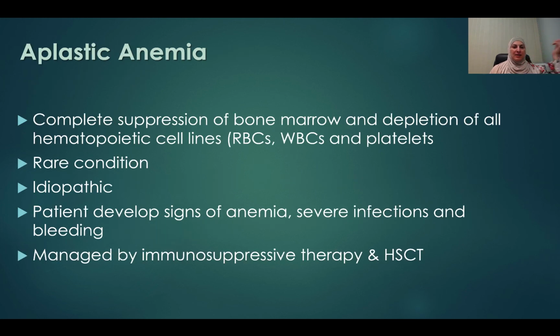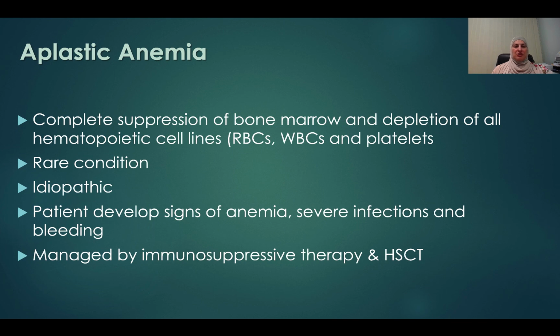The last type of anemia is aplastic anemia, and this is a very rare condition. The cause of it is not known, and what happens is a complete failure of the bone marrow. It stops producing any type of cells, no RBCs, no platelets, no white blood cells, and therefore the patient is susceptible to infections, to bleeding, and anemia.